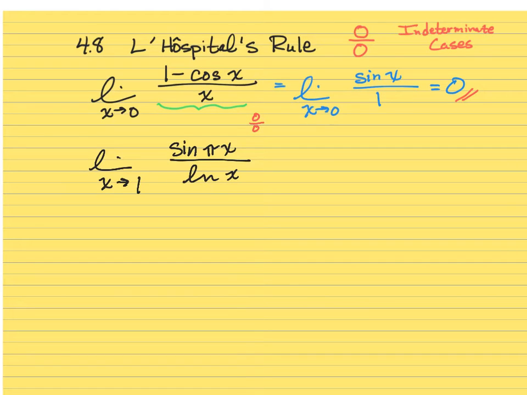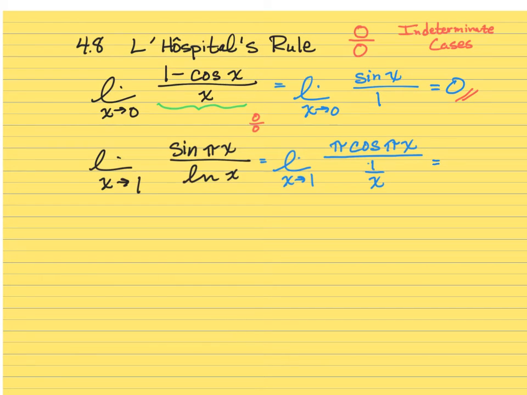I don't know exactly what a 0 over 0, or a very small number over a very small number, is equal to. So we can apply L'Hopital's rule, and it says, okay, find the limit, x is still going to 1, but now take the derivative of the top. So the derivative of sine of pi x is pi times cosine of pi x, using the chain rule. And the derivative of ln of x is 1 over x. We can just leave it like that, I think. So now let's try to evaluate the limit by plugging in a 1, right?